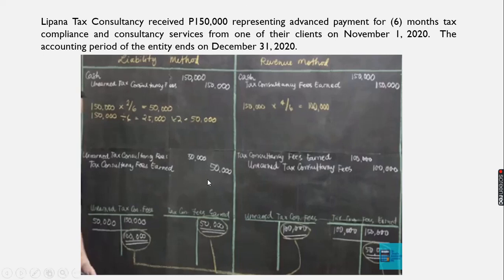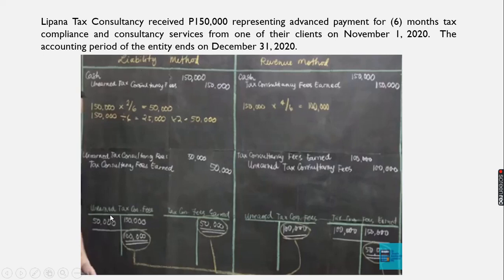So, ang ilalagay mo dito sa adjusting entry for December 31, 2020, ayan, magiging ano na siya, unearned tax consultancy, magiging debit na siya, 50,000, and tax consultancy fees earned, ayan, 50,000, under liability method yan.